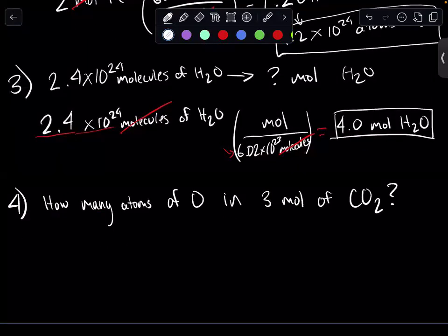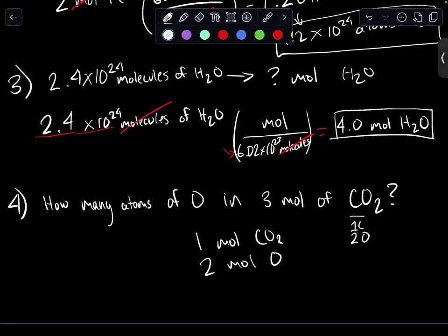When I look at CO2, I notice that I have one carbon and 2 oxygens. So for every 1 mole of CO2, I actually have 2 mole of oxygen.